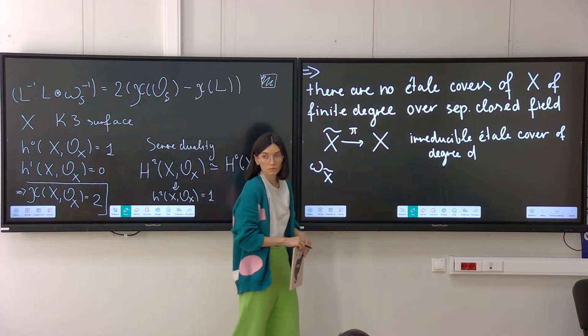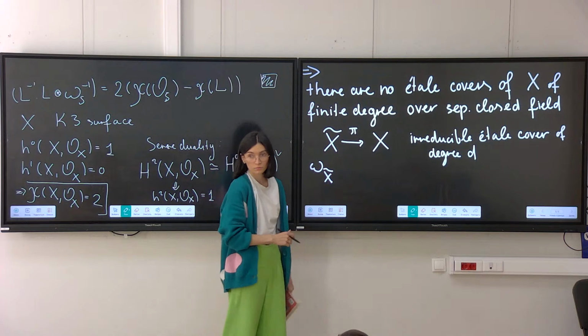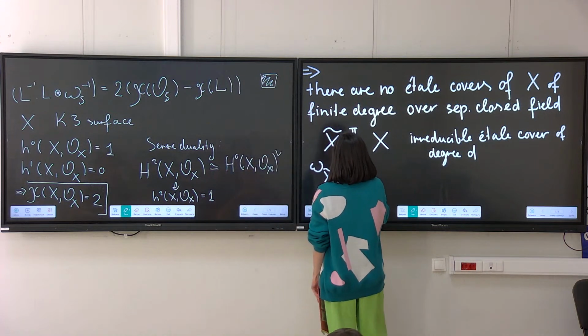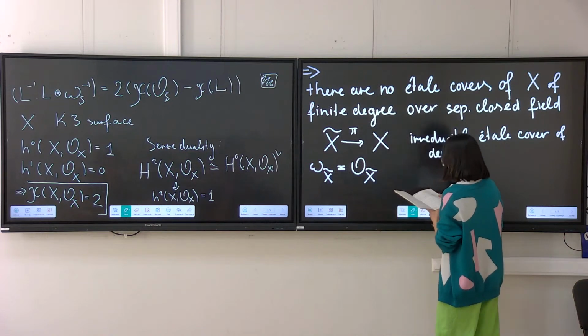Just a trivial bundle. Yes, and what is this for a K3 surface? The structure sheaf. This is the first thing.